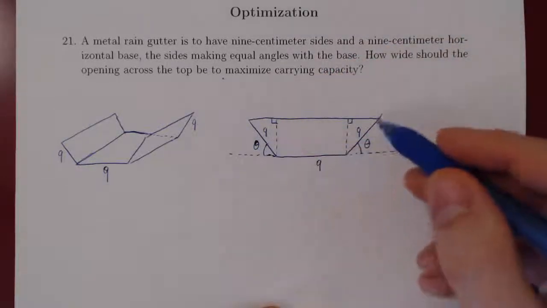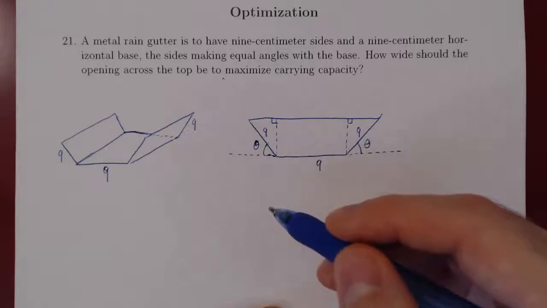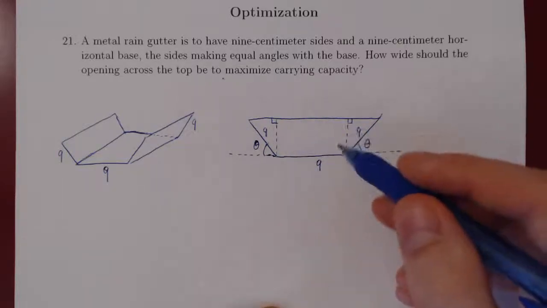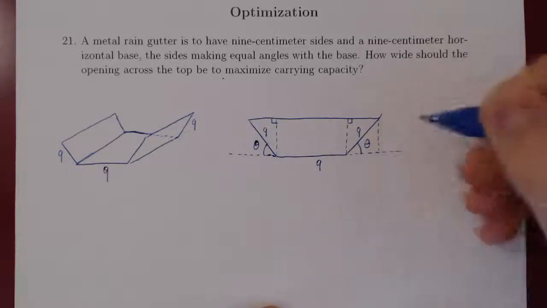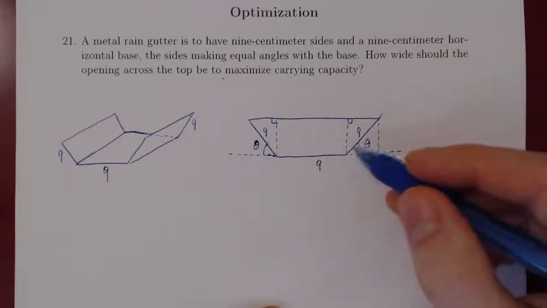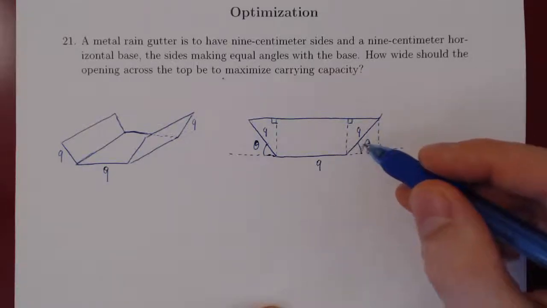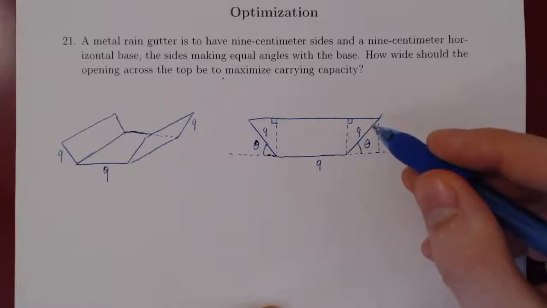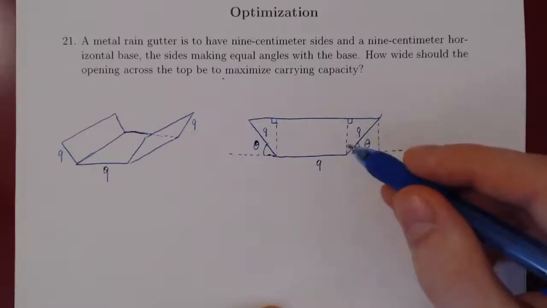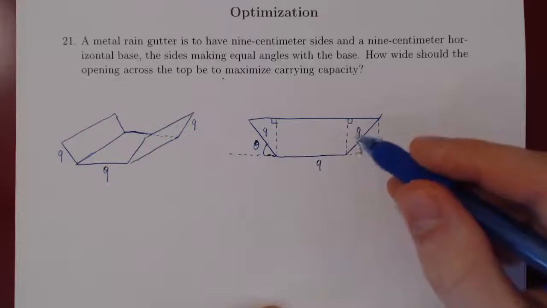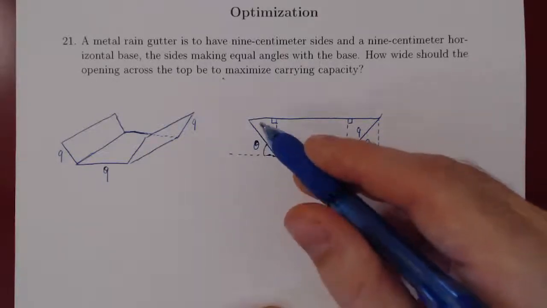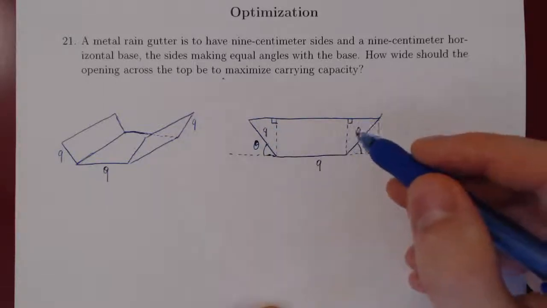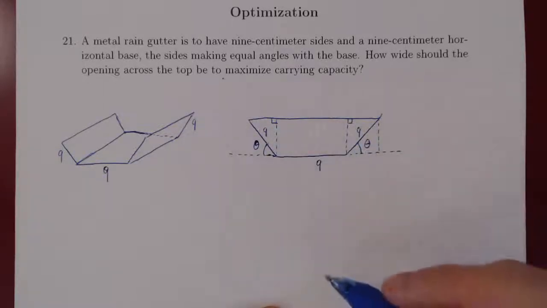The area of the trapezoid will be the area of this triangle plus the area of this rectangle plus the area of this triangle. But if you notice, these triangles are equal. They have the same hypotenuse, the same length of the base, and because this angle equals this one, then this one equals this one, so they're exactly equal as triangles. So the area of this triangle is the same as this one, and because the opening is the same, the area of this triangle is the same as this one.